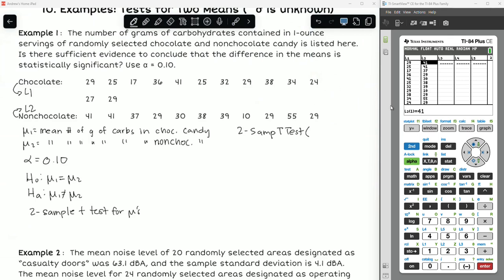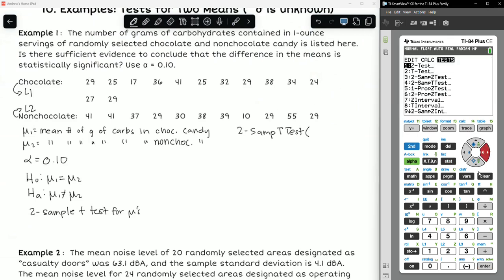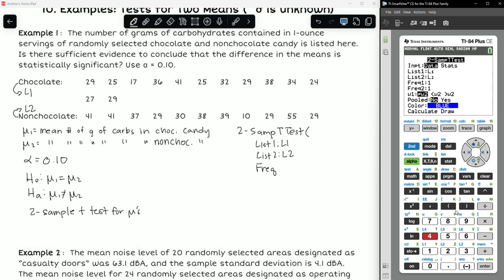I'm going to go back to stat tests, 2-sample t-test, and it's asking me for list 1 and list 2. It's asking where I put those two lists of data, and we did put them in L1 and L2. It's asking me about the frequencies for both of those lists. Since neither of our data was grouped, those should stay 1. It's going to ask us about our alternative, and we're looking at a not equal to scenario.